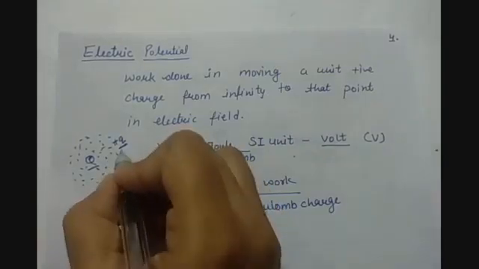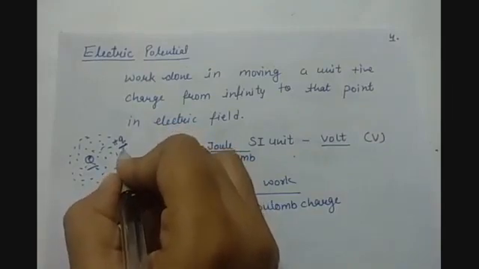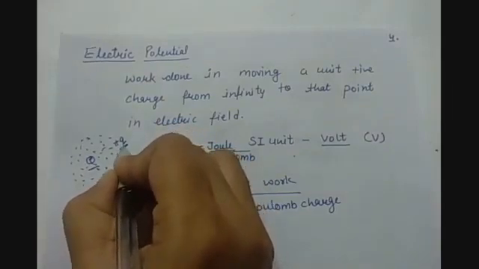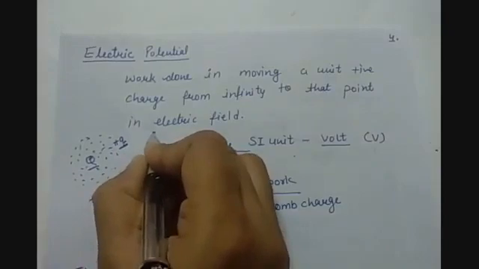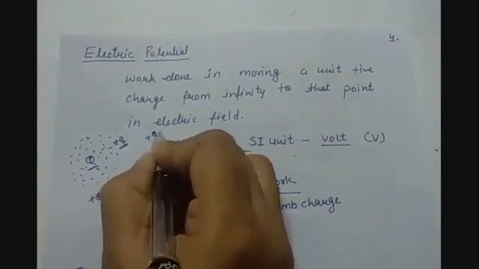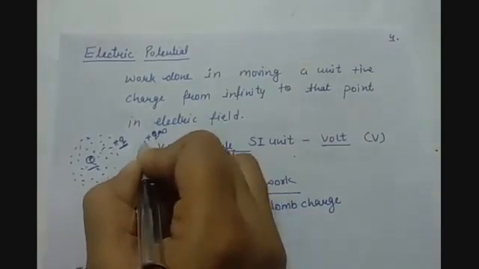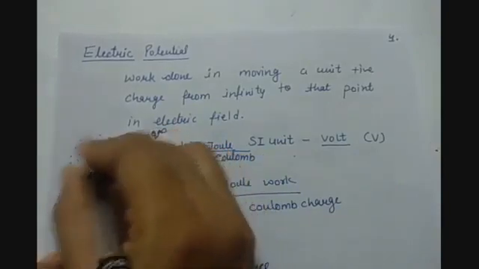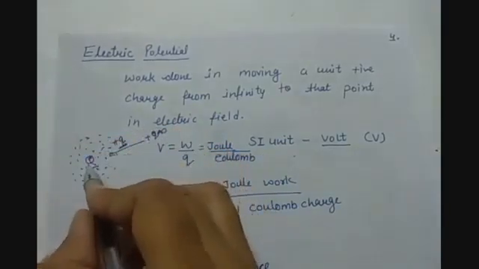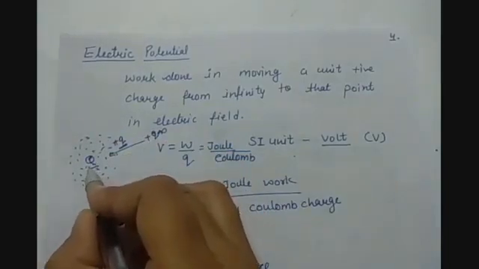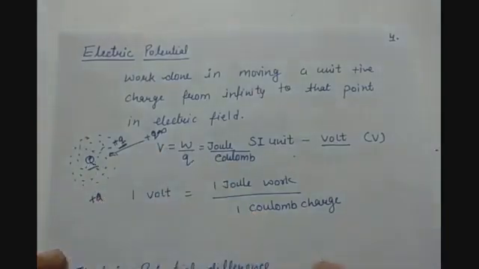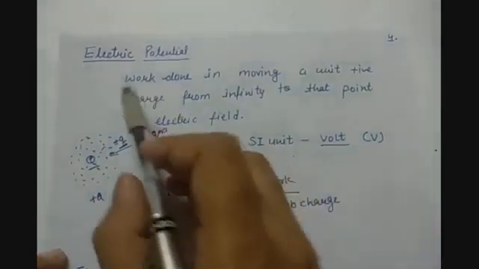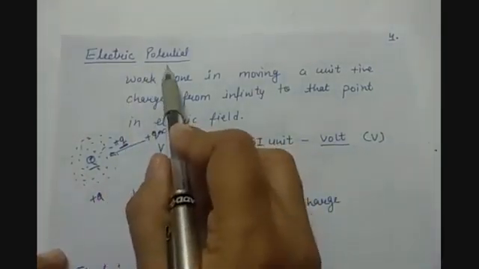So that work which is to be done to bring this unit positive charge from infinity to a particular point in the electric field of charge Q, that amount of work done is known as electric potential.